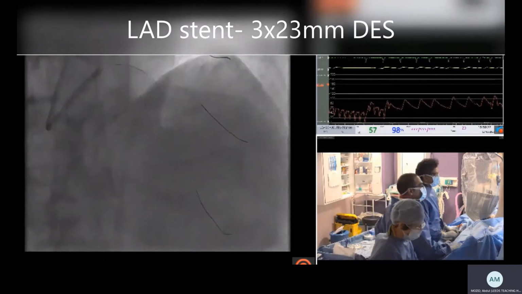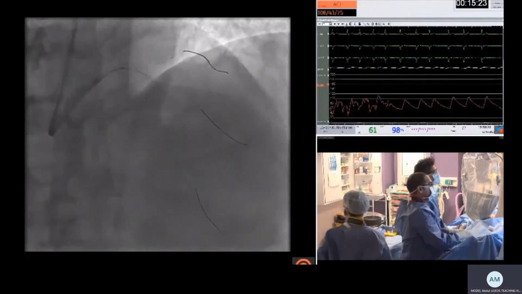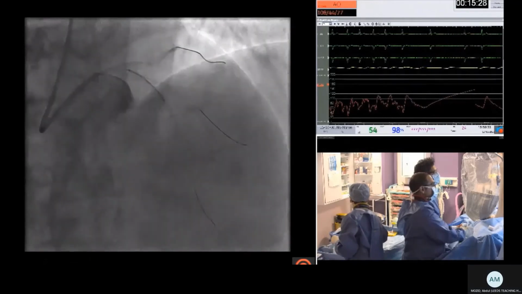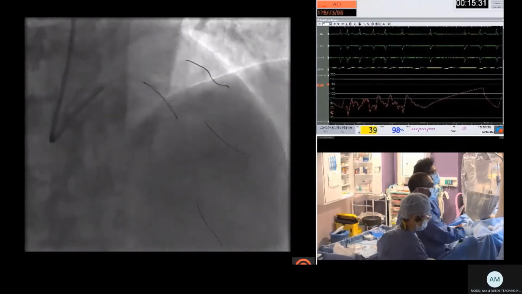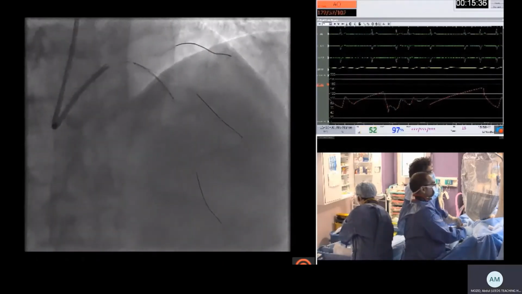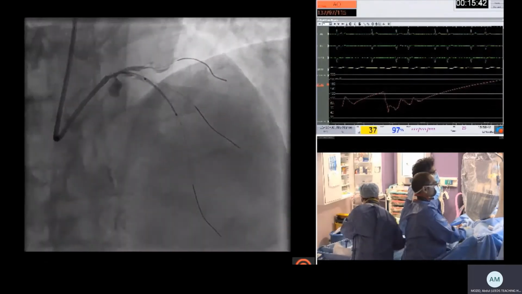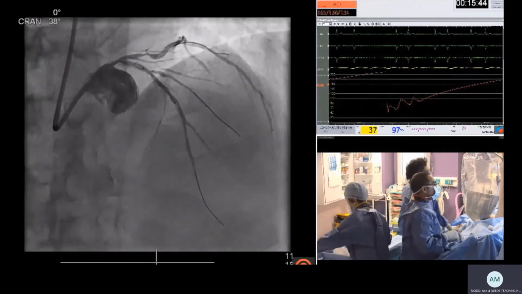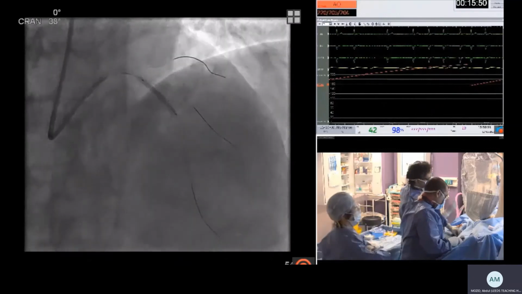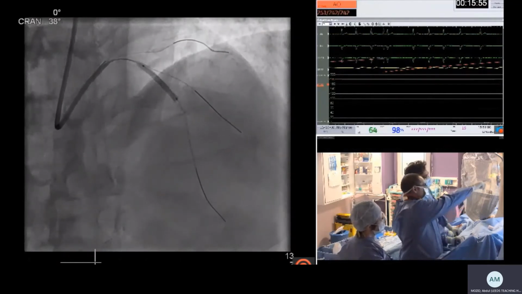So we then went on to treat the mid to proximal LAD across the bifurcation with a 3x23 millimeter drug-eluting stent. The key here is to avoid landing the proximal strut across the diagonal bifurcation, as you do not want to have overlapping stents across the diagonal, which will increase the likelihood of vessel closure and make it more difficult to cross into the diagonal.